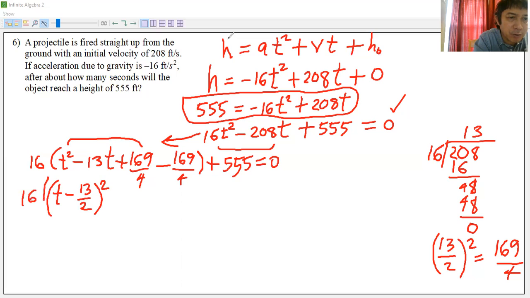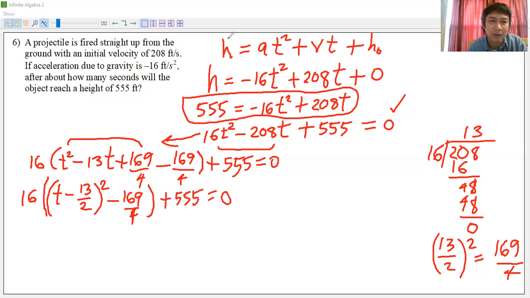And this is now something like this. And you have that negative 169 over 4 there. And close parentheses plus 555 equals 0 there. Okay, now it's time to return the 16 back.